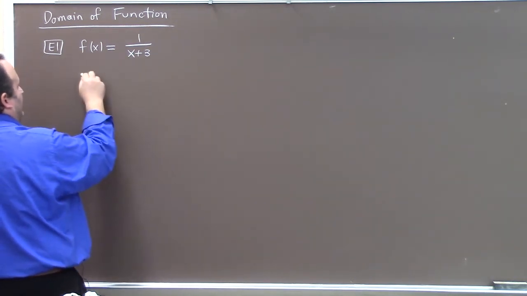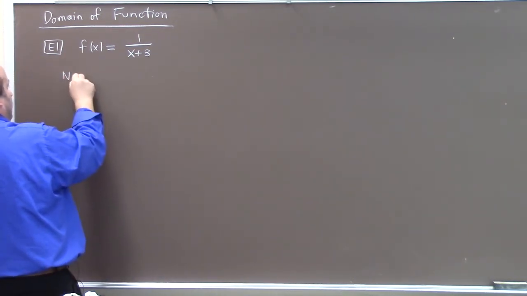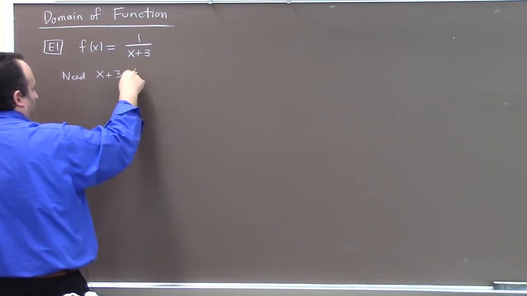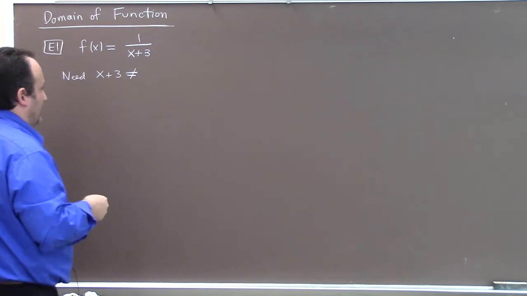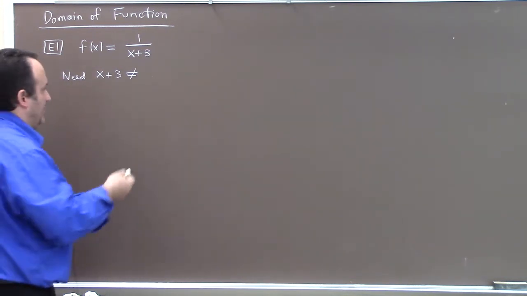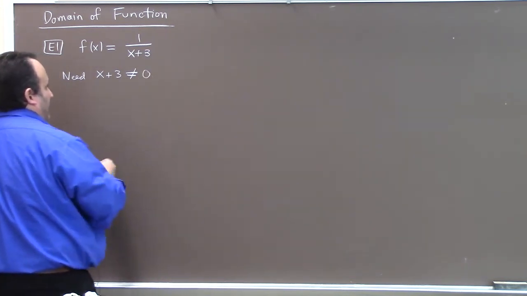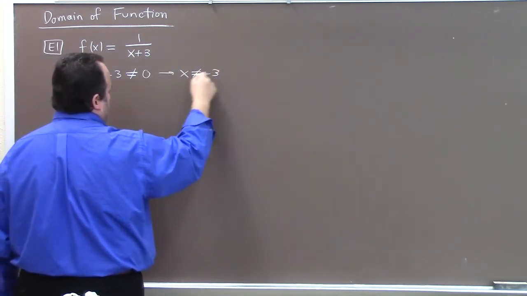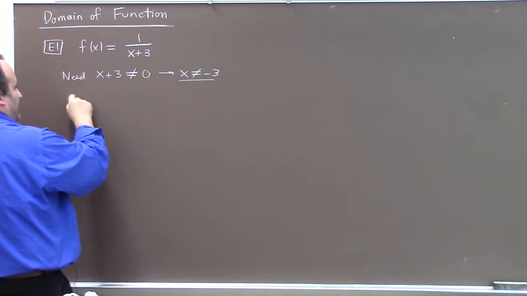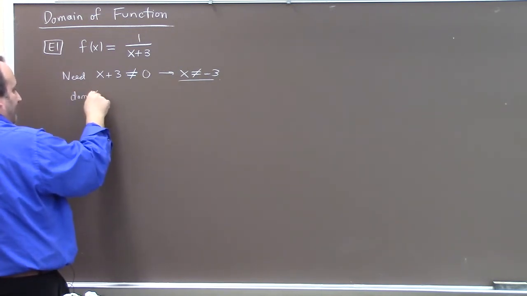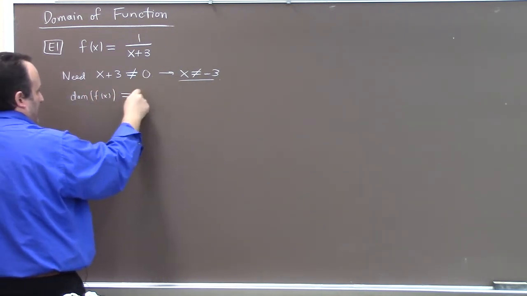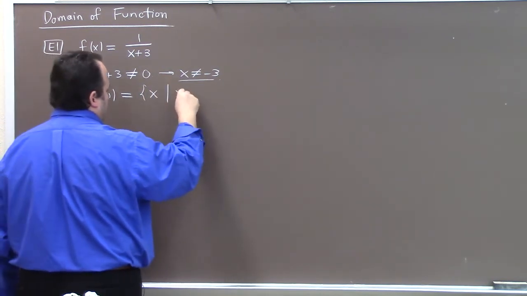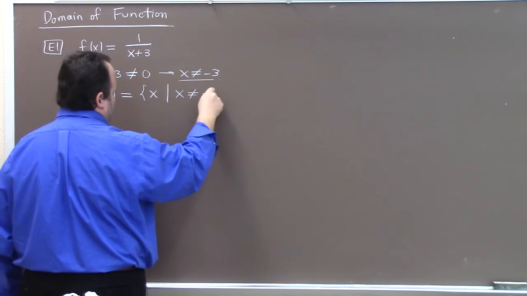Well, what do we need? x plus 3 to not equal what? Where do we get into trouble? If x plus 3 is 0, then we have division by 0, which we cannot have. So that means that x is not equal to minus 3. So the domain of f is going to be x such that x is not equal to minus 3.